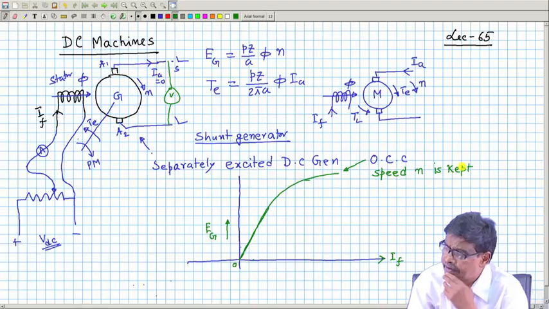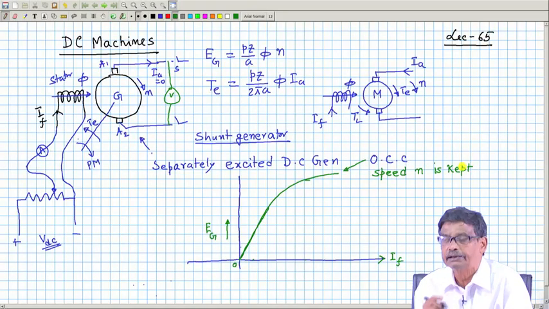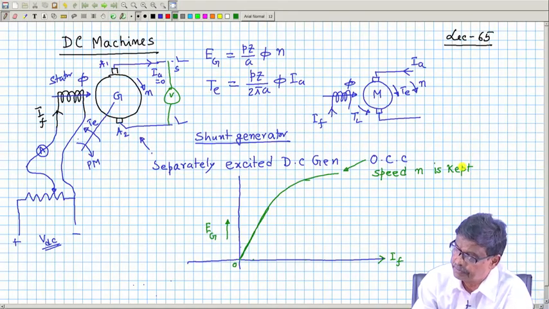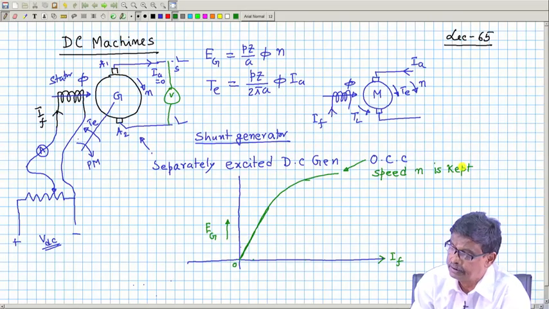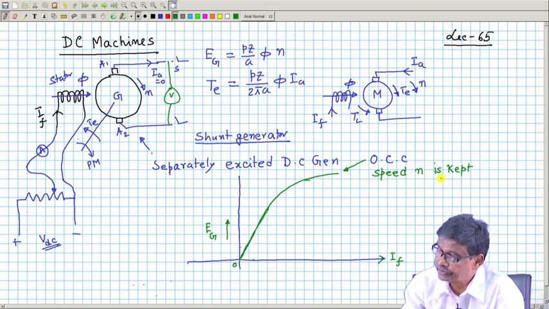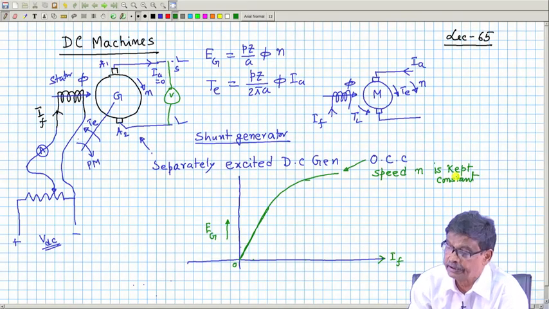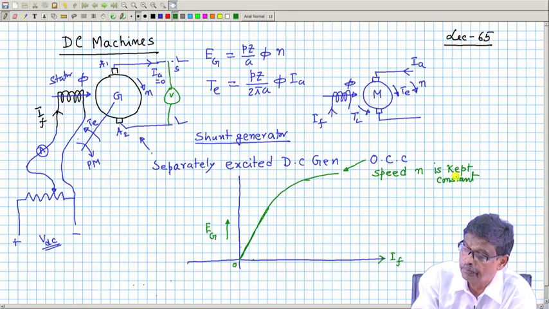If it is a 1500 rpm machine, on the nameplate it is written, so run it at 1500 rpm and get the open circuit characteristics. Speed n is kept constant while taking these readings. Then only will it be proportional to phi alone.